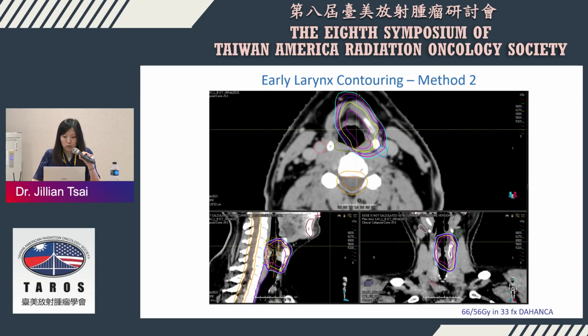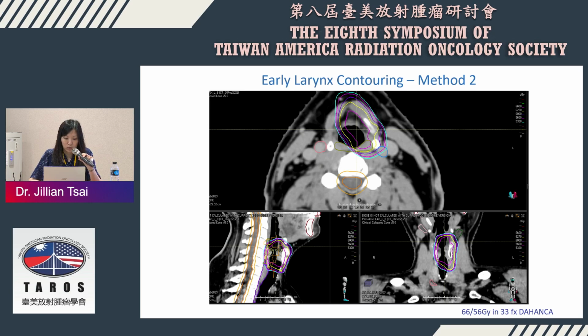So this is the dose distribution. I find it very interesting that you are actually sparing at least one side of the arytenoid. And I found that the patients are doing pretty well with this approach. Because usually for larynx patients, most of them get by toward the end with some pain medication, right?